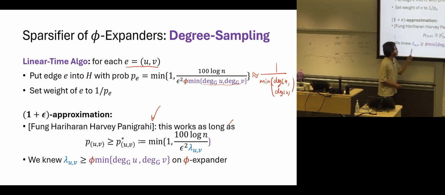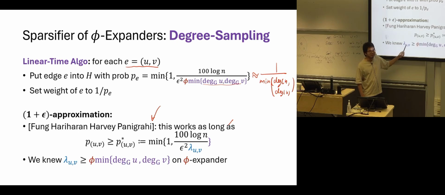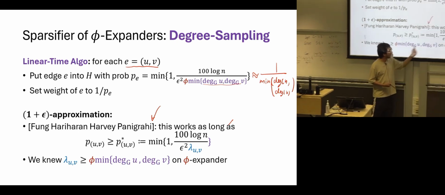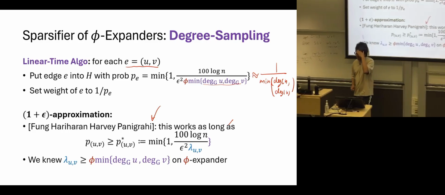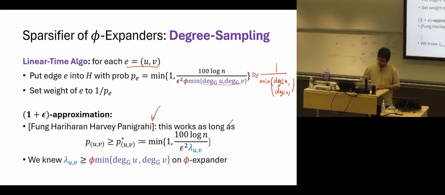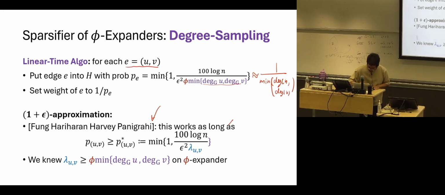But we know from some slides ago that phi UV on an expander is just like lambda UV, the mean cut from U to V. This is easy to compute, at least easy to lower bound on an expander. Right? This is at least like 5 times the mean degree. Okay. So I can just define PE to replace this thing with this thing.